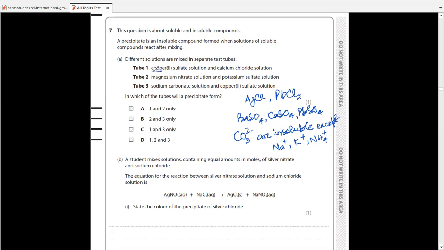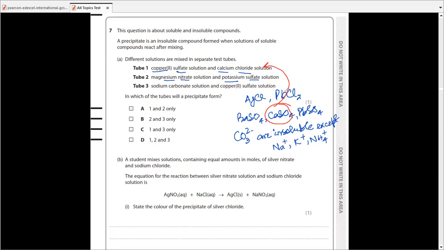Now, this would form copper chloride and calcium sulfate. There you go. Calcium sulfate is the one which is forming here, so one will form a precipitate. Next one would form potassium nitrate and magnesium sulfate. It's none of these, so it won't form a precipitate. Two is the one which won't.